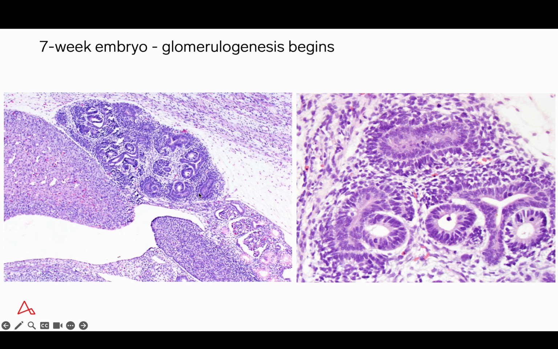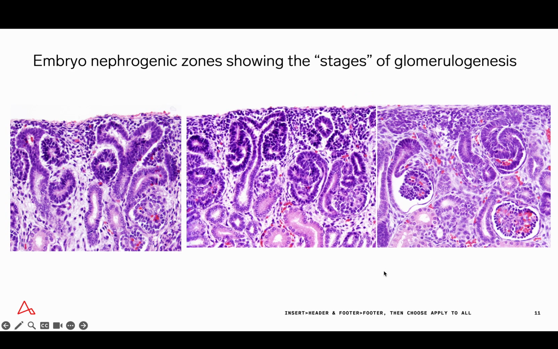And if we look at this portion of the metanephric kidney, we can see an ampullary bud branching and hollow vesicle formation. If we look at embryos that are slightly older, again, we can see the ampullary bud branching, some early condensation, the beginning of mesenchymal to epithelial transition.